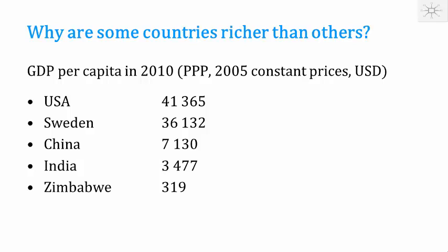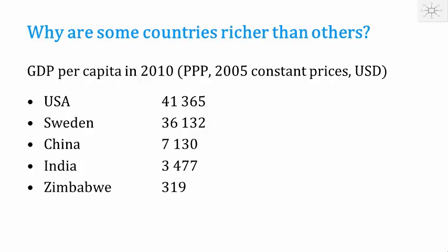And Zimbabwe is far below that. And if you take European countries like Sweden, Germany, the UK, France, they are a bit behind the US. And then we have China somewhere in between. So there are very large and very persistent income differences between countries.